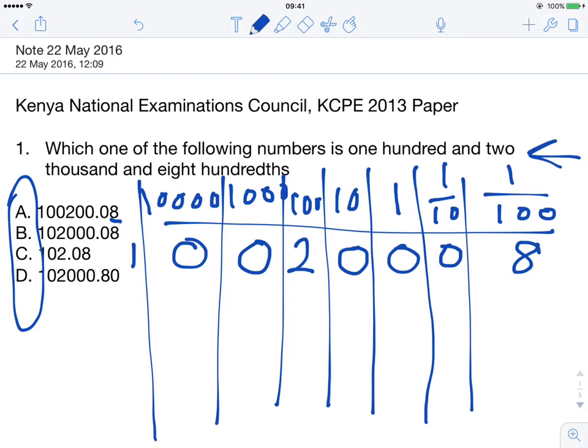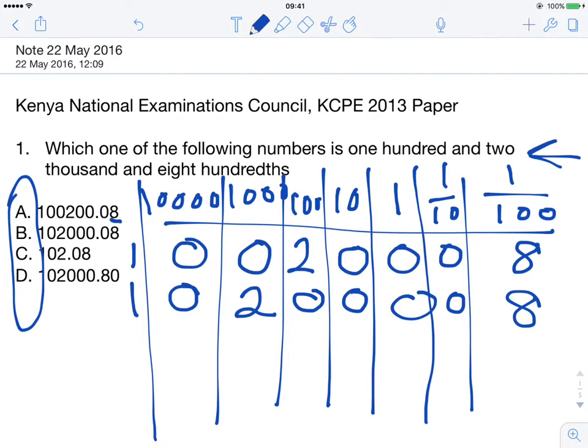So I guess we could put that here right at the end. And I can do the same for the next one. That's option B. So that's 8 hundredths, 0 tenths, 0 ones, 0 tens, 0 hundreds, 2 thousands, 0 10,000s, and 100,000.